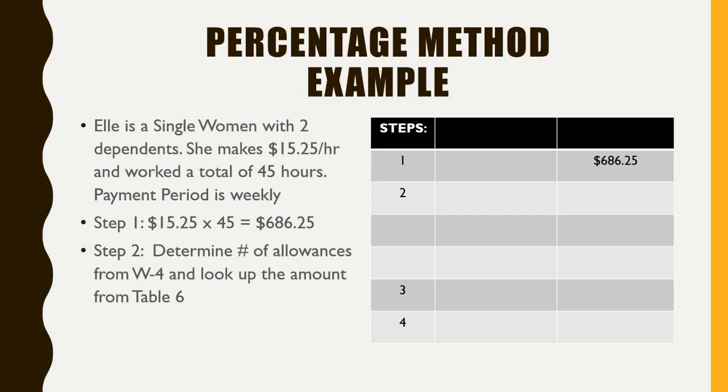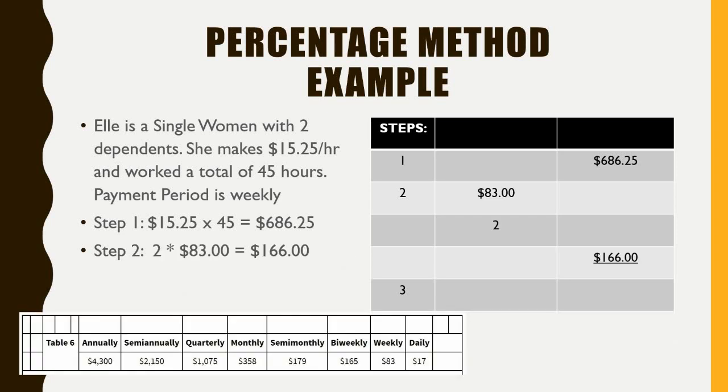Then we're going to go ahead and look at table 6, which is at the very top of the Circular E form, which is going to allow us to determine how much one withholding is going to be. So again, here is table 6 from the Circular E form.